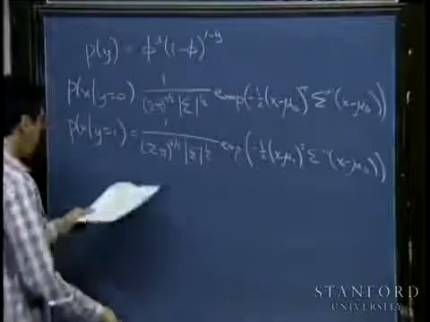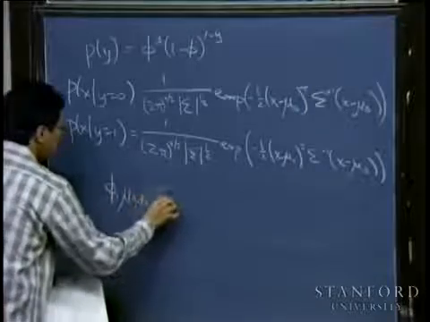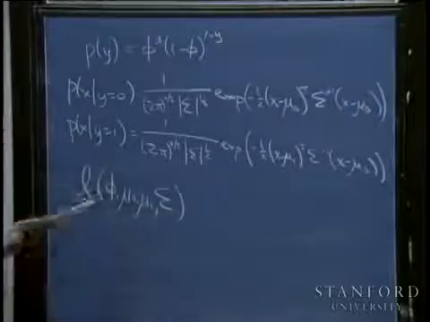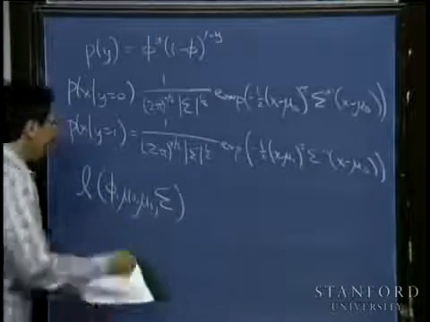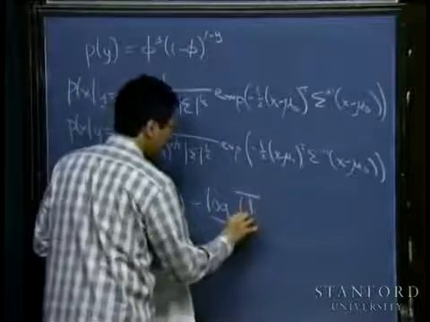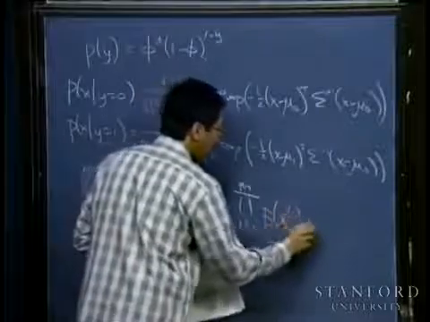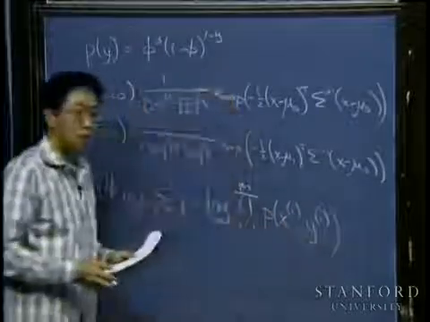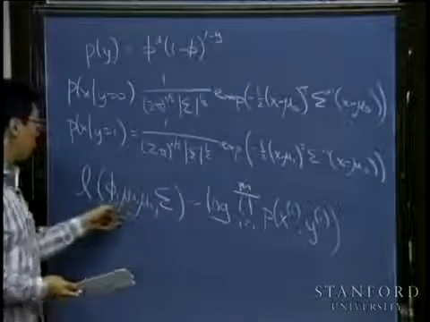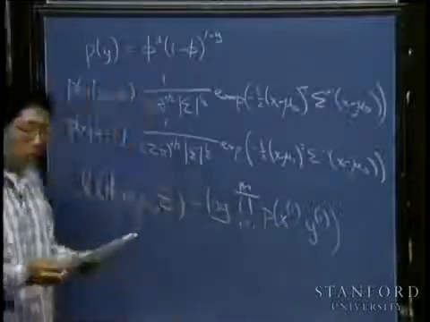And so the parameters of this model are phi, mu 0, mu 1, and sigma. And so I can now write down the log likelihood of the parameters. So in other words, if I'm given a training set, then I can write down the log likelihood of the parameters as the log of the product of probabilities p of xi comma yi.